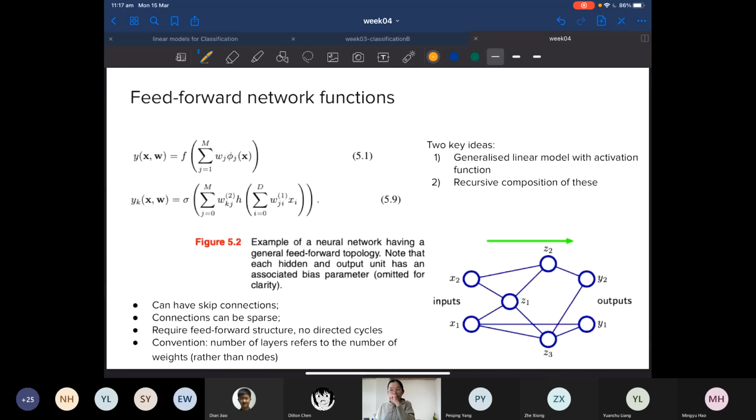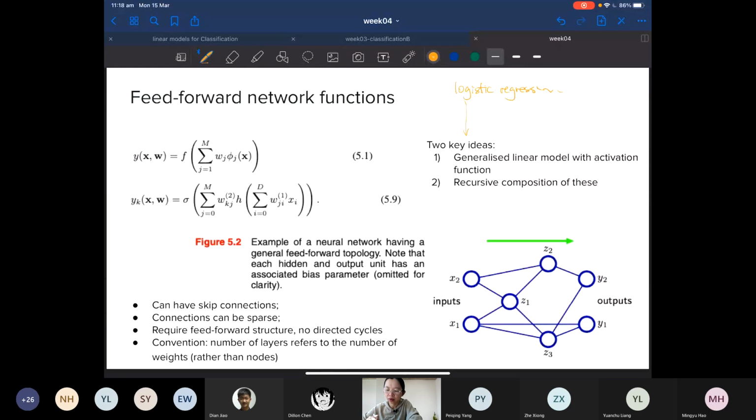So here is the definition of feed-forward neural networks. So we can park convex functions for a bit, and then we'll invoke it when we're talking about optimization. There are two key ideas, essentially, from logistic regression, right? So we can see there is kind of a continuum between logistic regression to neural networks.